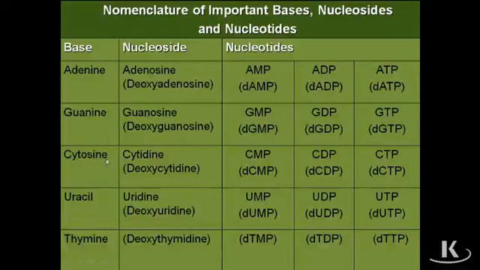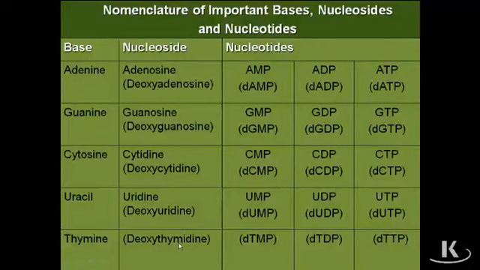Now for the pyrimidines, you see that the cytosine, uracil, and thymine ending is replaced with an -idine. So cytosine becomes cytidine, uracil becomes uridine, thymine, well, it would become thymidine, but you don't actually ever find that in the cell. Instead, remember, T's are found in DNA, so you'd only ever find it in the form of deoxythymidine.